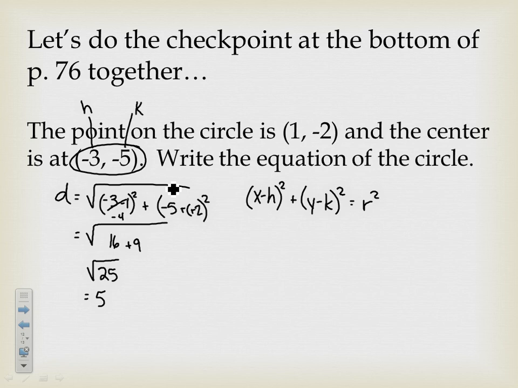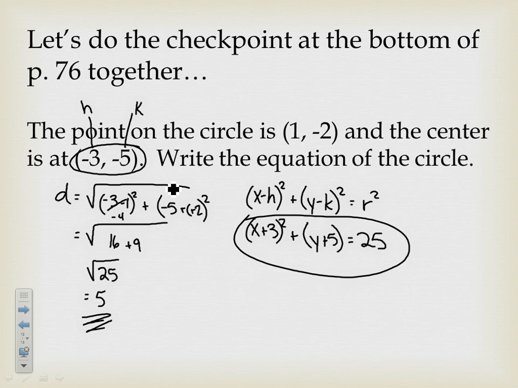So x minus a minus 3, y minus a minus 5. And then we just found our radius was 5, so r squared is going to be 25. And there's the standard form of that circle as an equation. So that's not such a terrible one to work with.